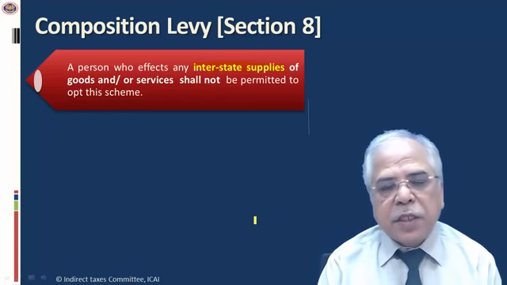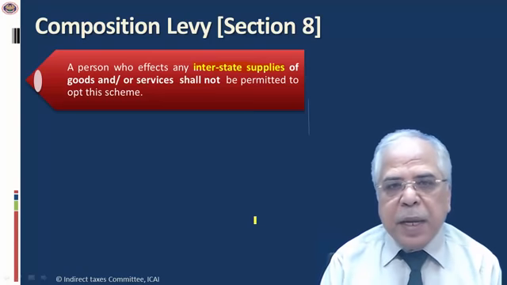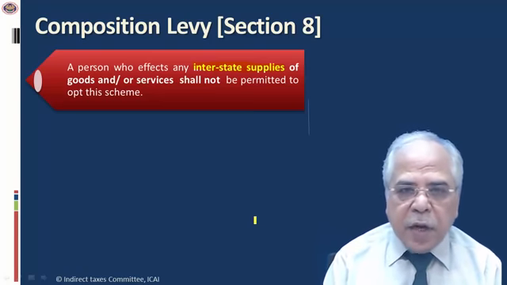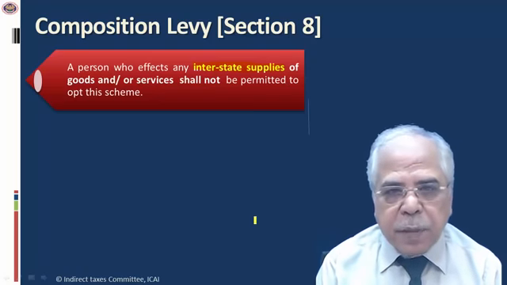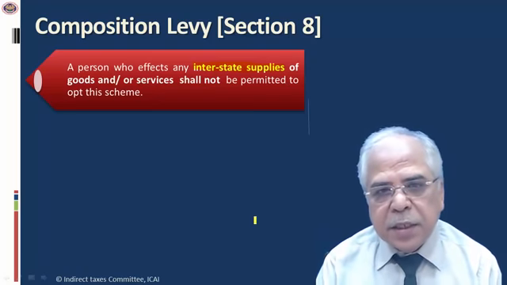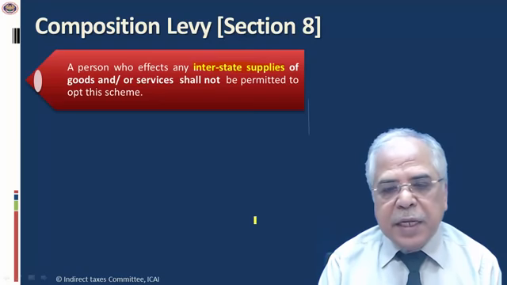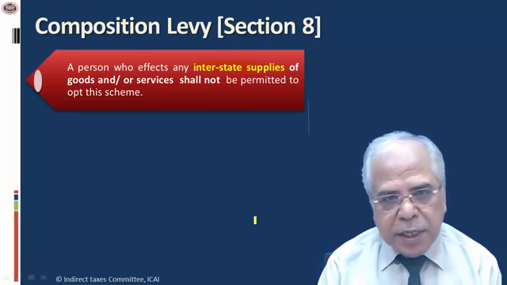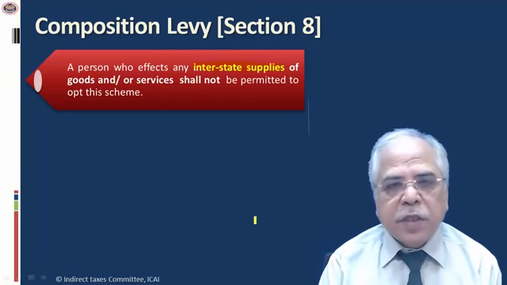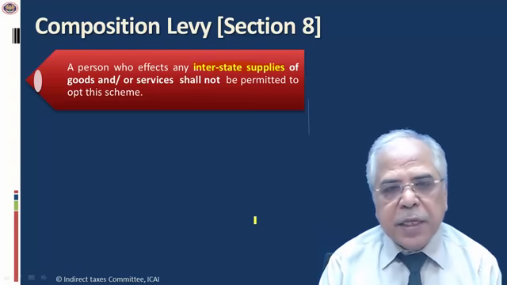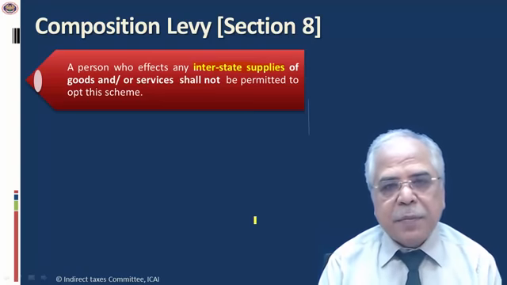This is really difficult for the chartered accountants. For example, a chartered accountant who is doing a bank audit and is raising an invoice to the head office of the bank, which is in another state, then obviously he is making an interstate supply, because we have already discussed that the place of the supplier and the place of supply shall be in the same state to classify as intrastate supplies.